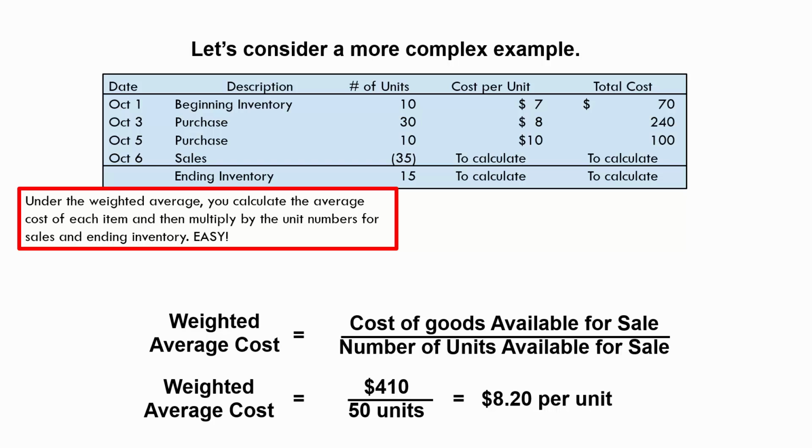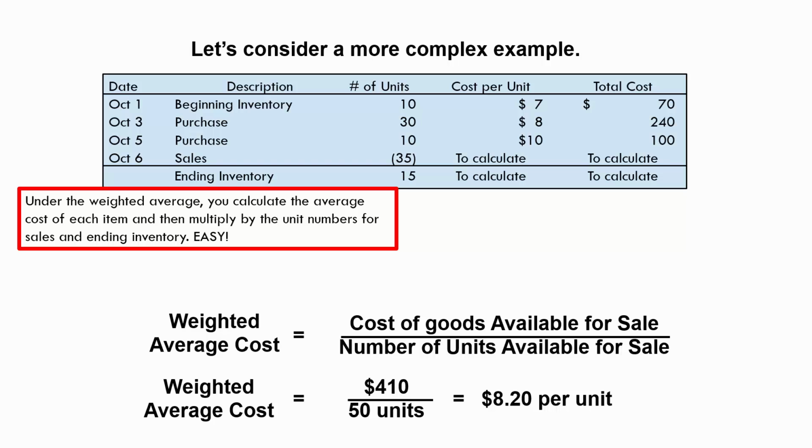For each accounting period, our goods available is going to change and our number of units is going to change. So this weighted average number gets calculated for every accounting period. It's not going to be this for any other accounting period, probably.